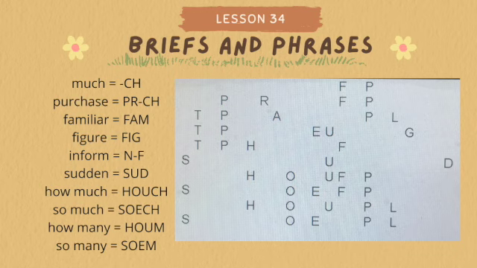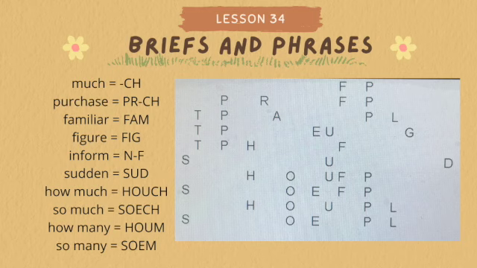So much, initial S, long O, final CH. We have how many, initial H, diphthong ow, final M. So many, initial S, long O, and then final M.